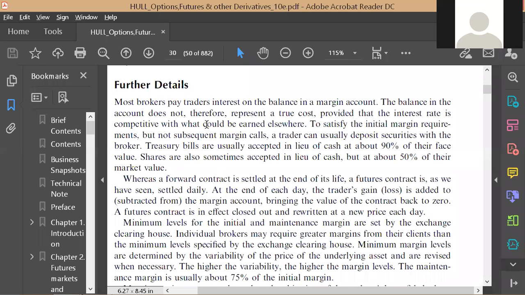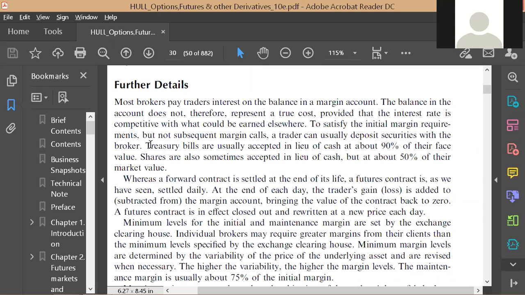When you want to put up initial margin, you can actually put up T-bills and things like that. There'll be a little bit of a haircut. So here you have a 10% haircut.